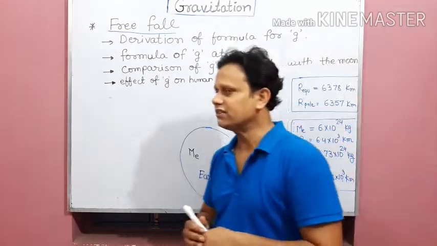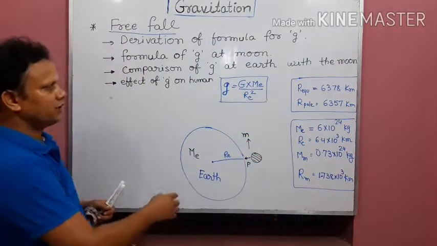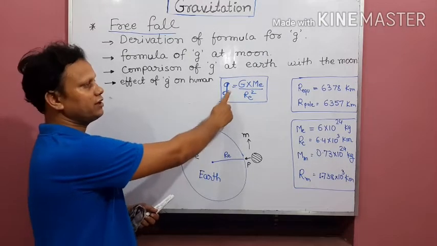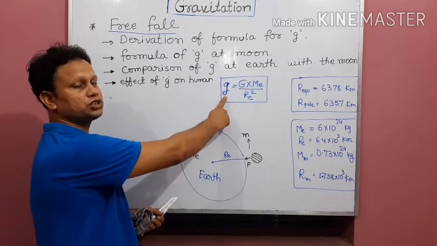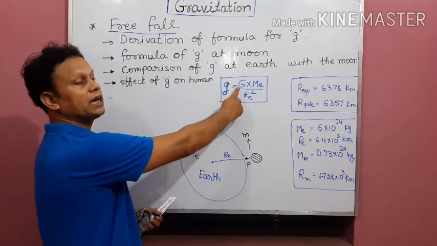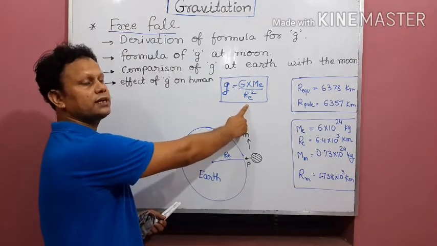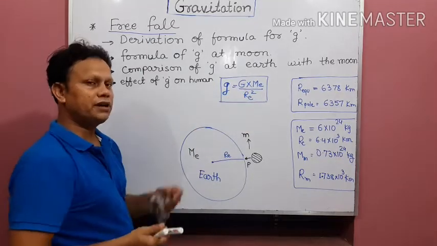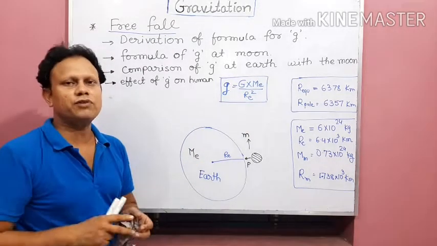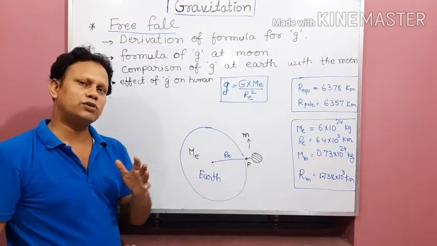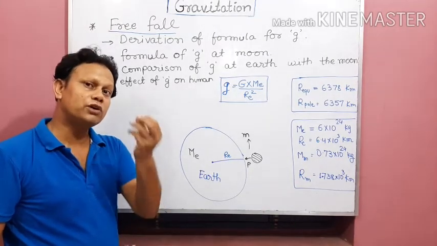It's very simple. Suppose we have to derive the formula where we can get the value of acceleration due to gravity, that is g equals capital G into the mass of the earth upon the radius of the earth squared. Now here we will observe a very weird thing: we always find the acceleration due to gravity for a free falling object.